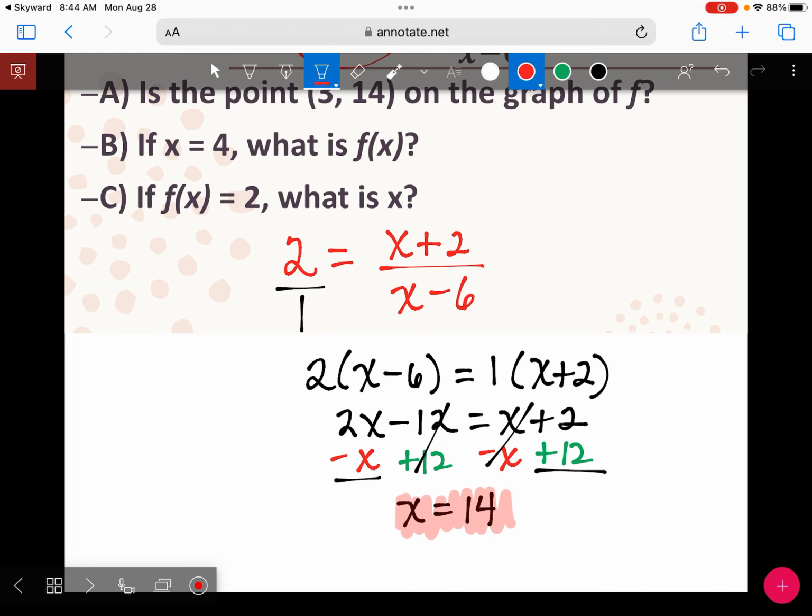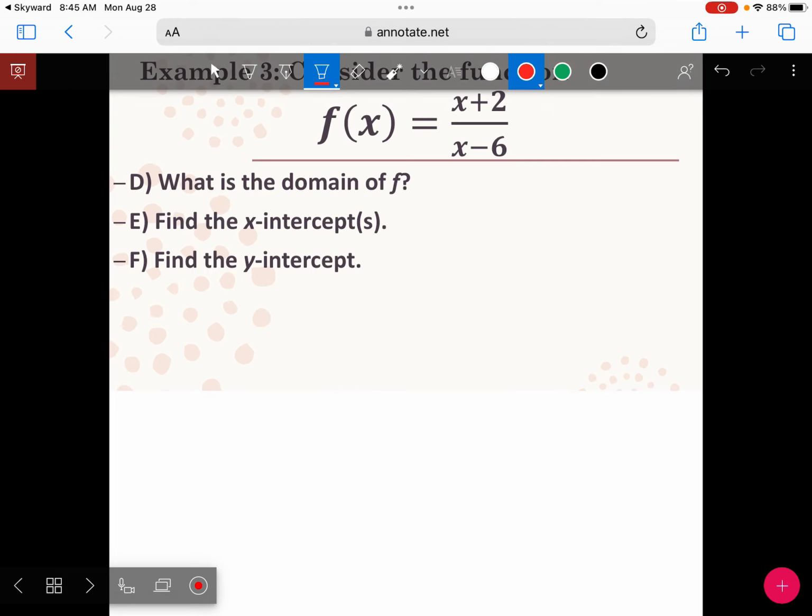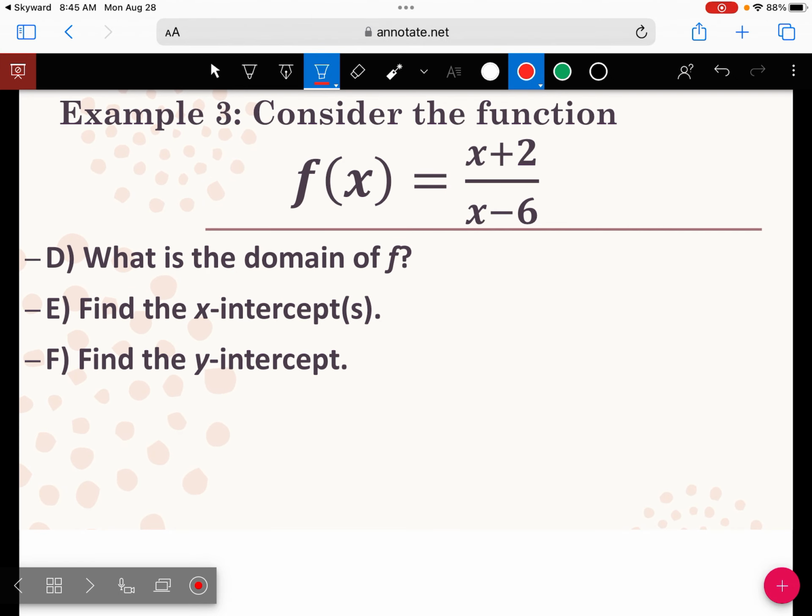All right, so 3 more parts to this function and we are done for today. Same function, and we have 3 more questions. Part D is asking you, what is the domain? Do we have a red light? Yes, yep. Go ahead and write your domain.